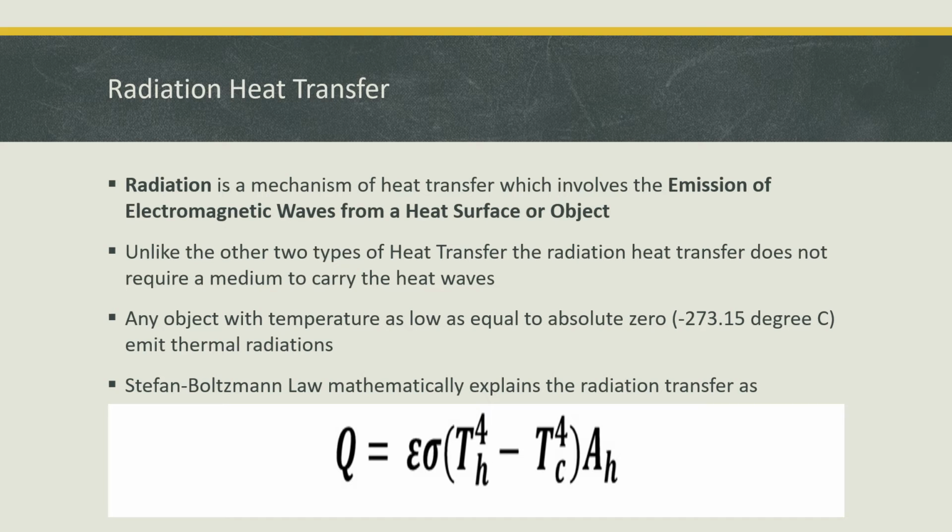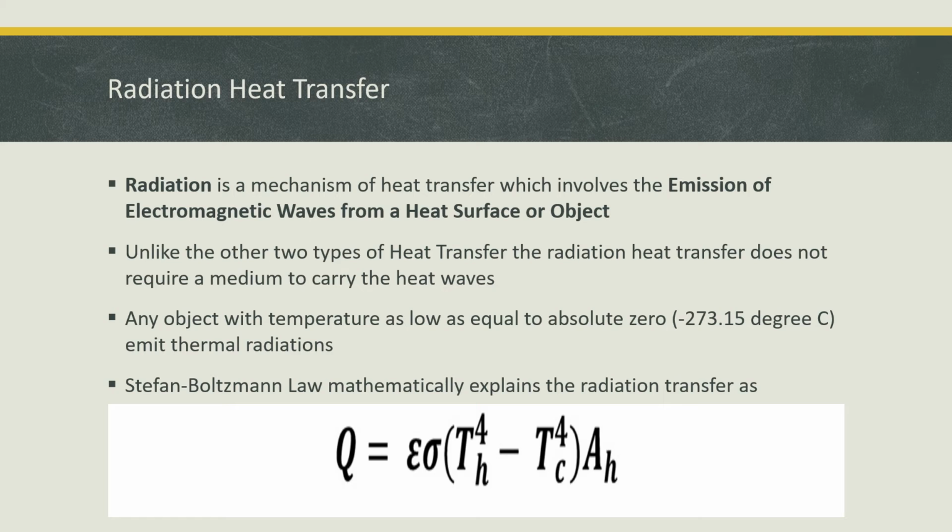Stefan Boltzmann law mathematically explains the relationship of radiation heat transfer. It says Q is equal to epsilon sigma into (TH to the power 4 minus TC to the power 4) whole into A. Emissivity is epsilon, which is between 0 and 1, depending on whether we talk about a lighter or darker material.